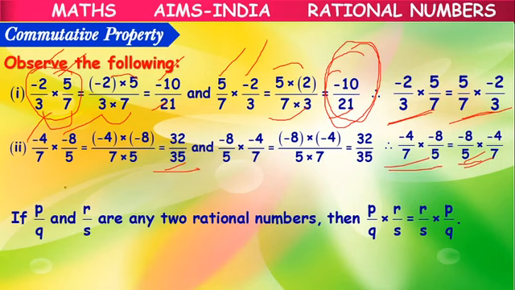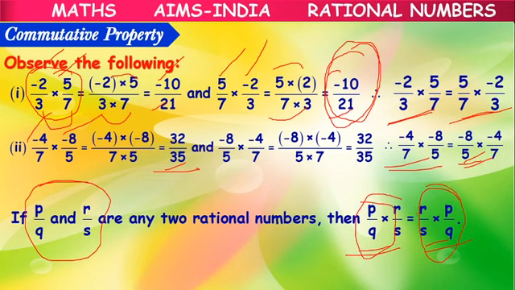It means if we take two rational numbers and change the order while multiplying, there will be no change in the result. So this commutative property is applicable for multiplication of rational numbers. We can multiply in any order, but the result will be the same.